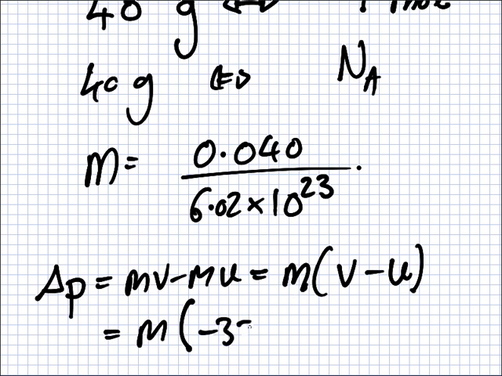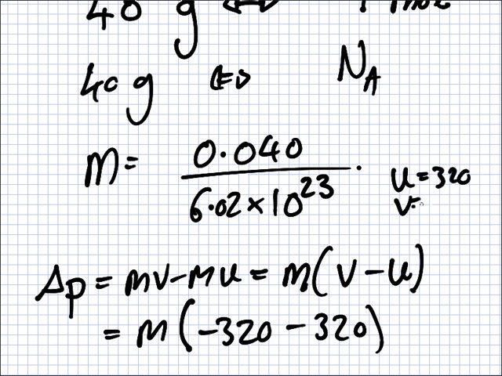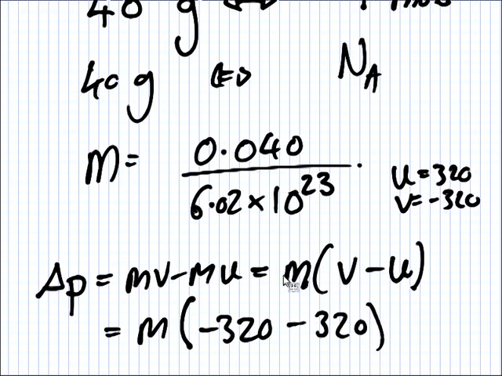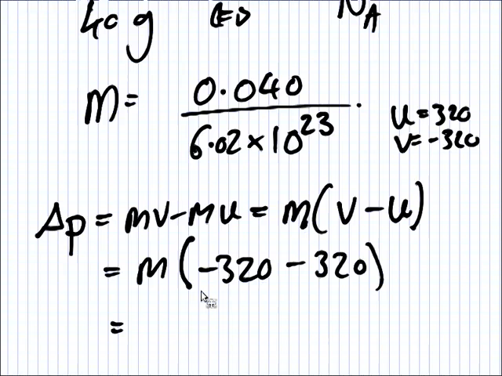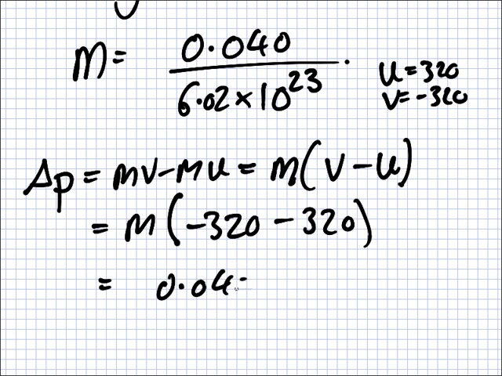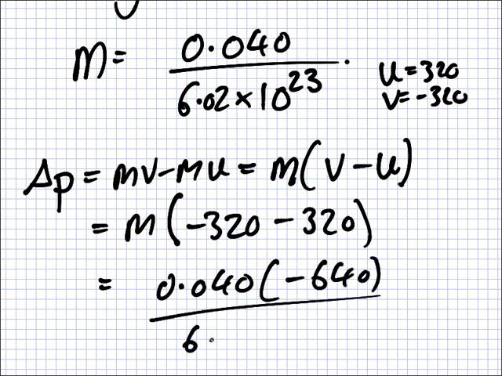So minus 320, because the u is positive 320 and the v is minus 320. It bounces off the wall. So the change in momentum would be 0.040 times minus 640 all over 6.02 times 10 to the 23.